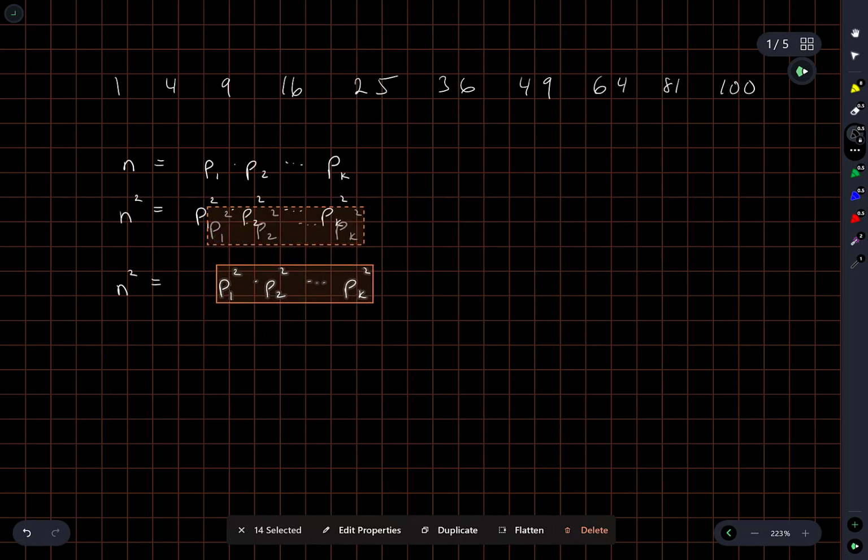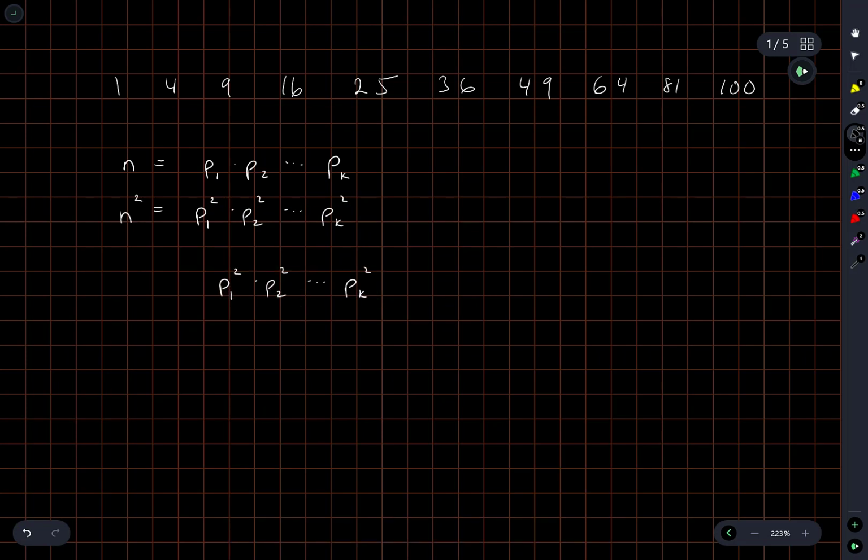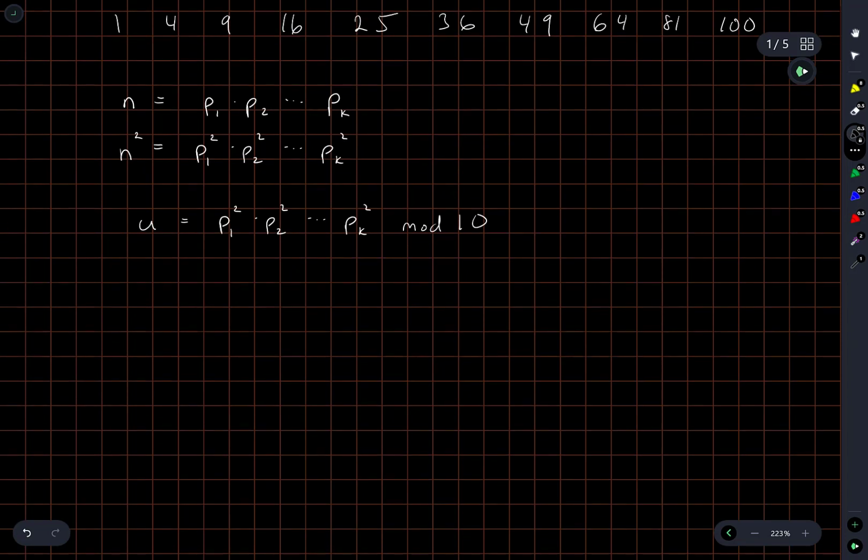Let's say U will represent the units digit of n squared. It's this number mod 10. Now, if I think about integers mod 10, and I square all of those, there are going to be numbers that I miss, right?